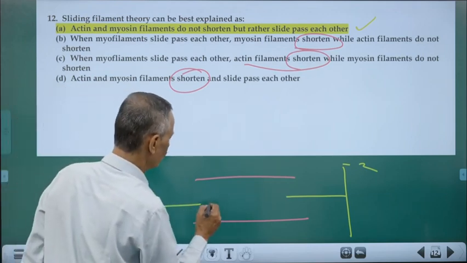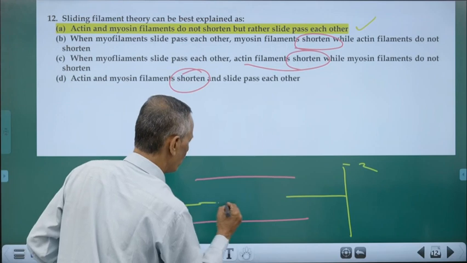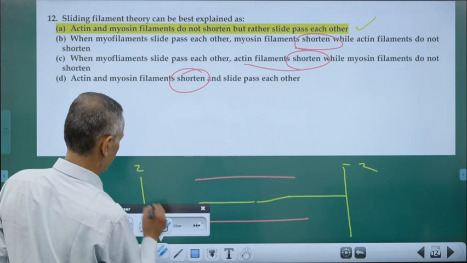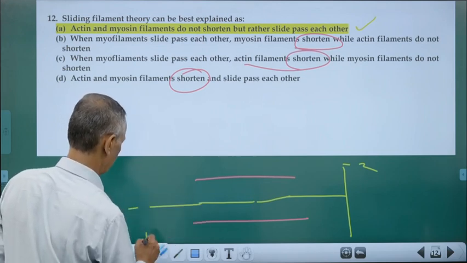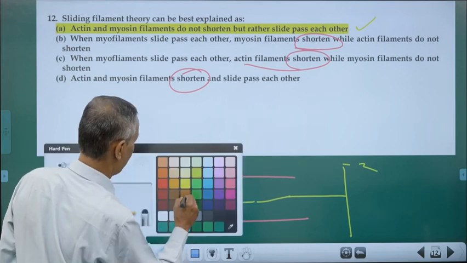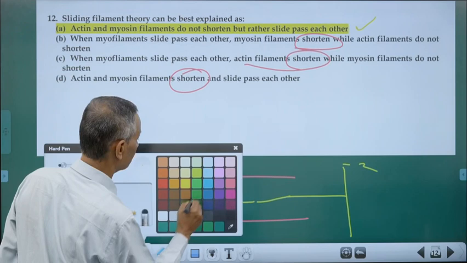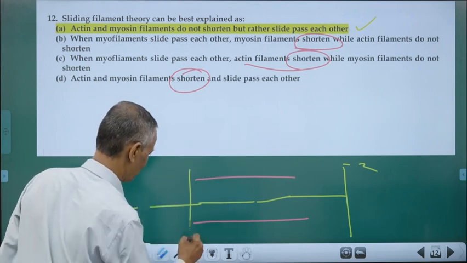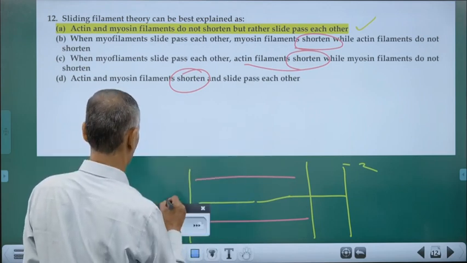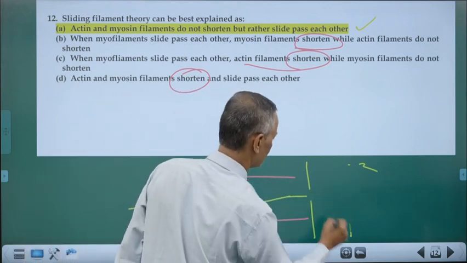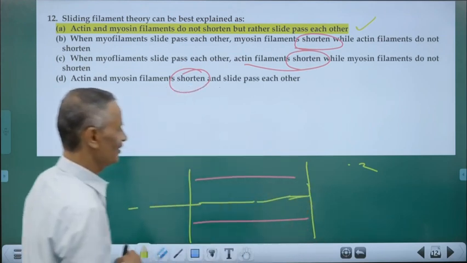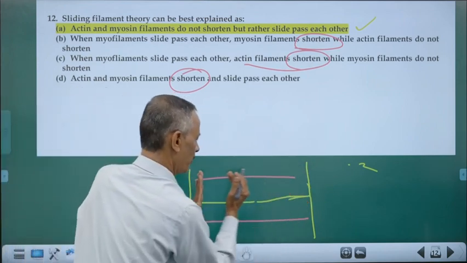The thin filament is pulled more and more close, so that the two Z lines are coming close together.